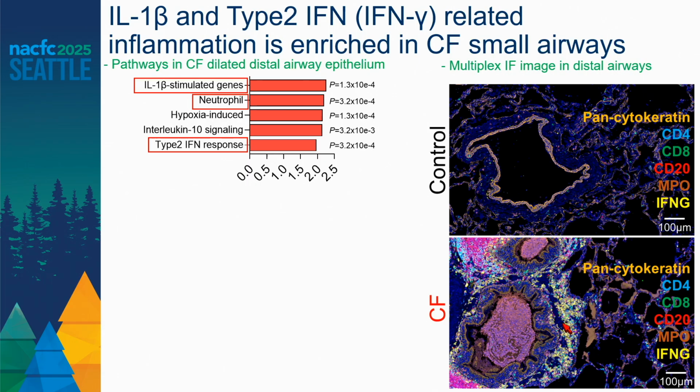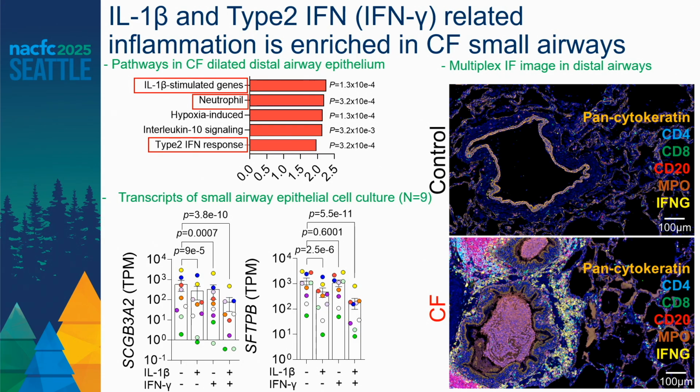To confirm the IL-1 beta and interferon gamma related inflammatory stimuli affect features of small airway epithelial cells, using, in this case, non-CF derived small airway epithelial cell culture, we treated those cell cultures with IL-1 beta or interferon gamma.